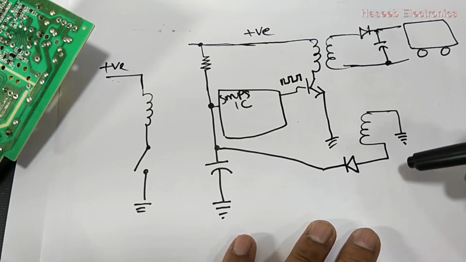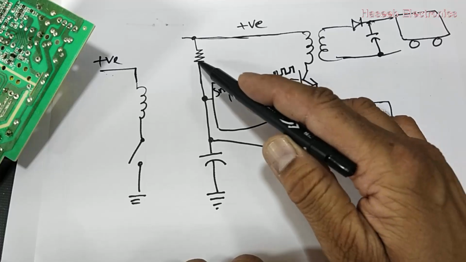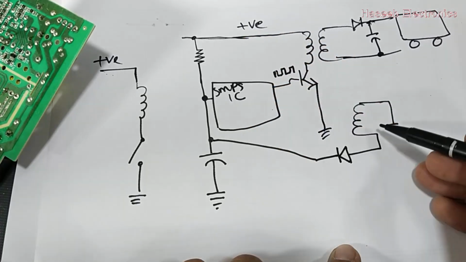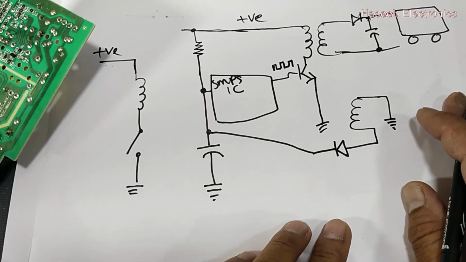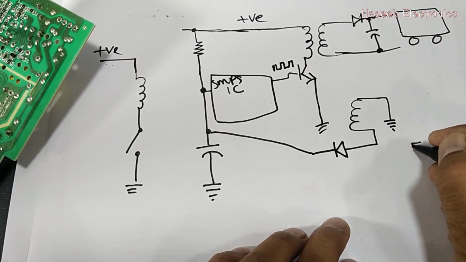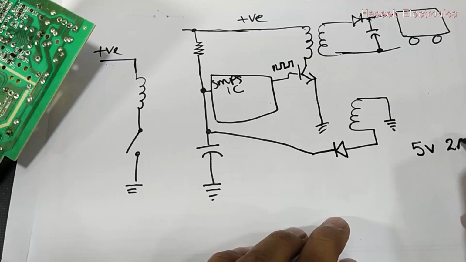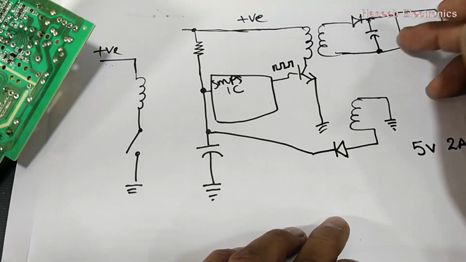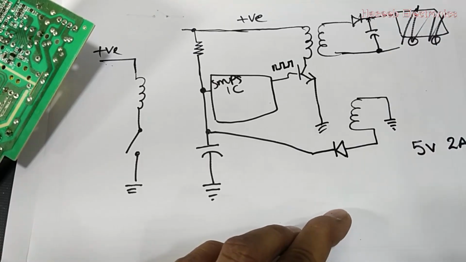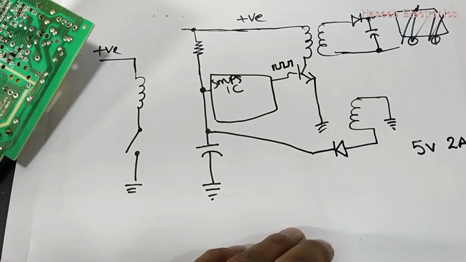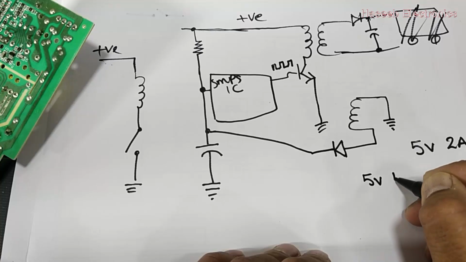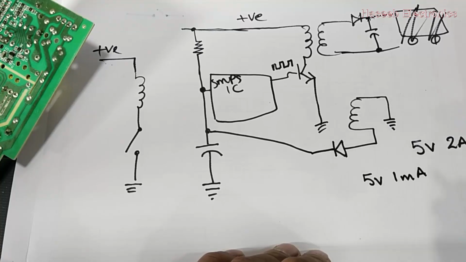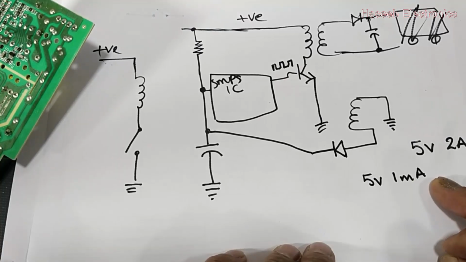Now the second function of this winding. The first function: soft start, smooth running. Now we can say we need 5 volt 2 ampere from this winding. We don't have any load at that time. 5 volt, we can say 1 milliampere current, there is no load.